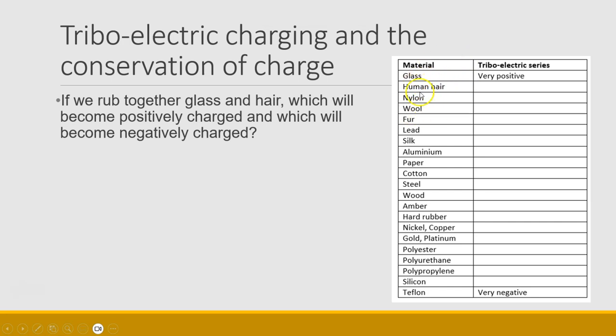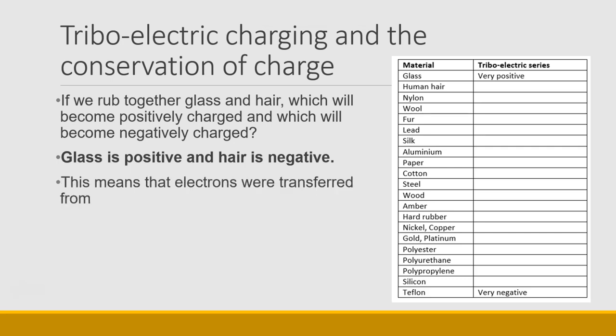So what does that mean? If the glass becomes positive and the hair becomes negative, it means that electrons are transferred from the glass to the hair.